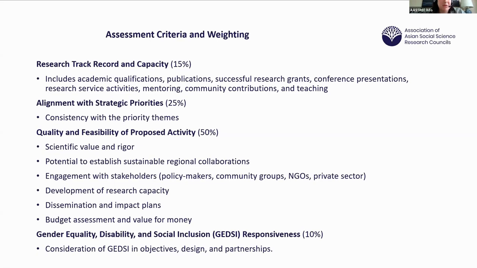And then 10% is allocated to gender equality, disability, and social inclusion responsiveness, or GEDSI responsiveness. So we'll be considering how GEDSI is incorporated into the project objectives, its design, and the partnerships as well.